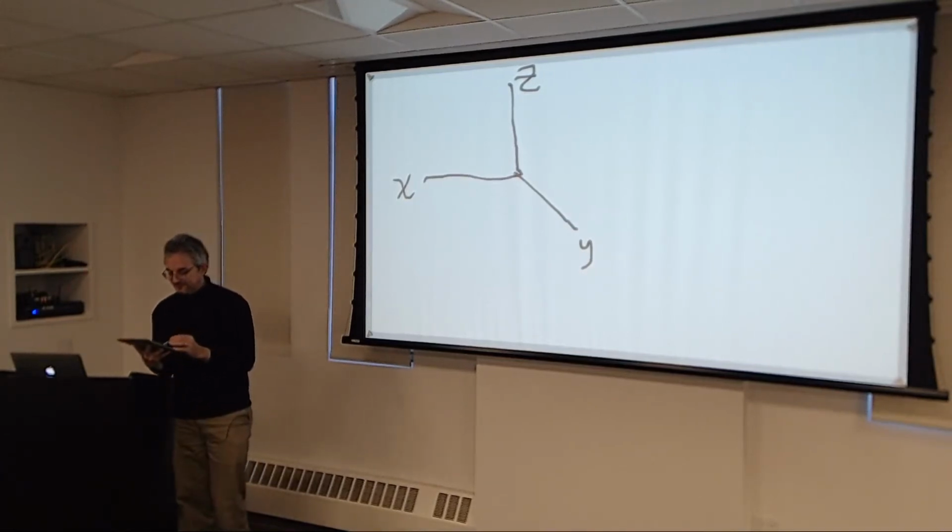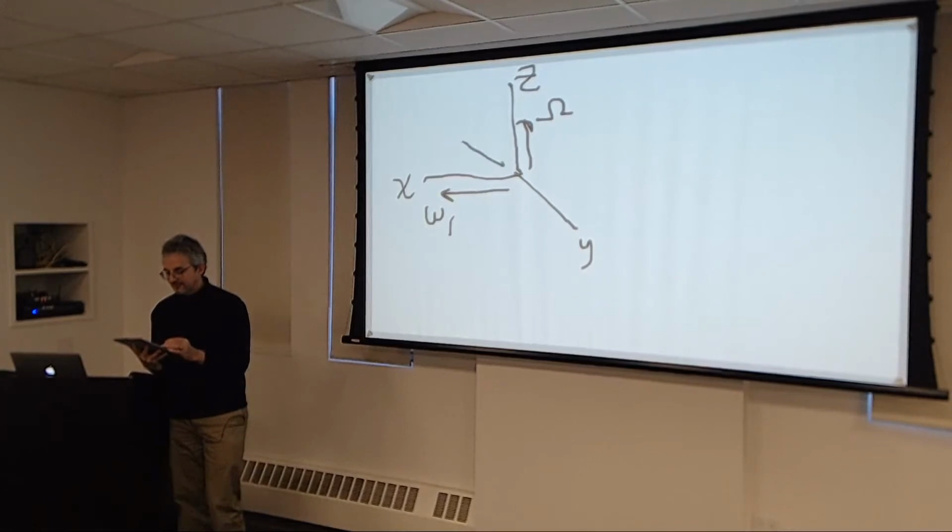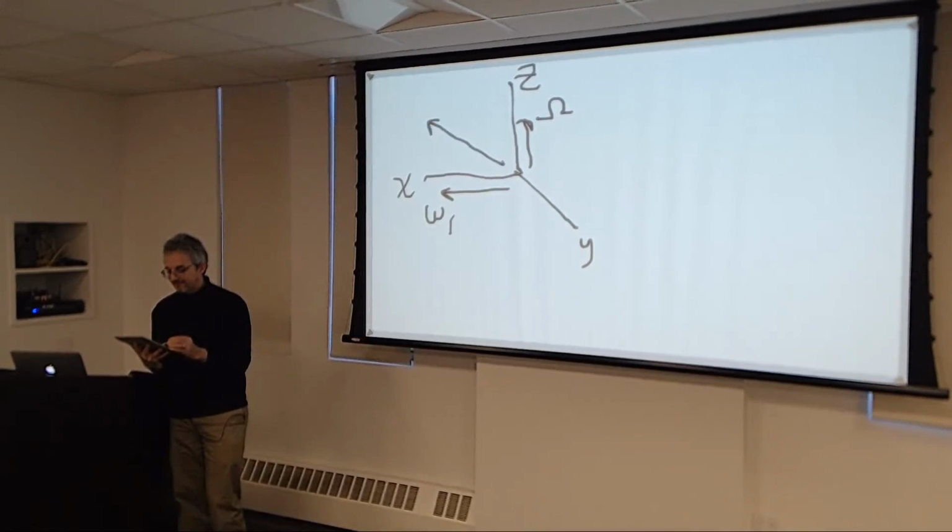Now, we have some resonance offset, so that means that there is an offset along Z, and then we have the omega-1 field along X, if it's an X-phase pulse. So the effective field is in the XZ plane and is tilted by an angle theta.